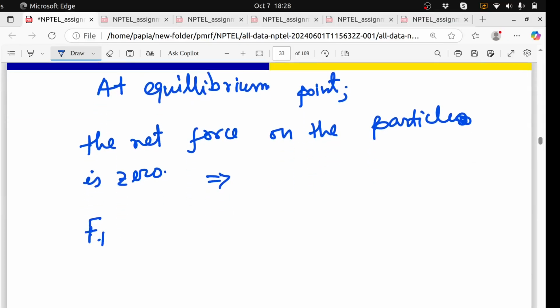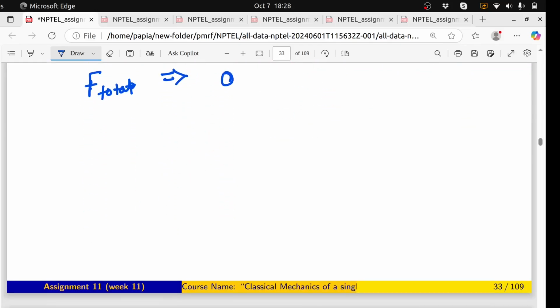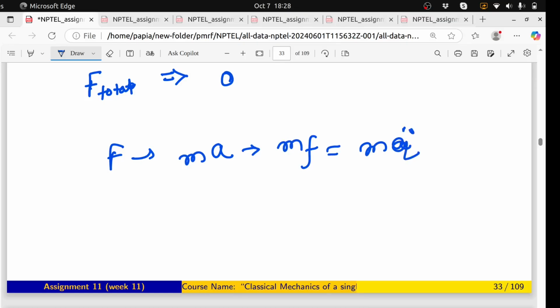So F total is going to act in such a way that it will give me the 0 value. And we know that F is related with M into A, which is again M into Q double dot, where Q double dot is acceleration.